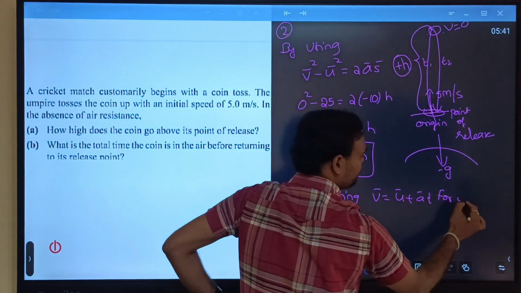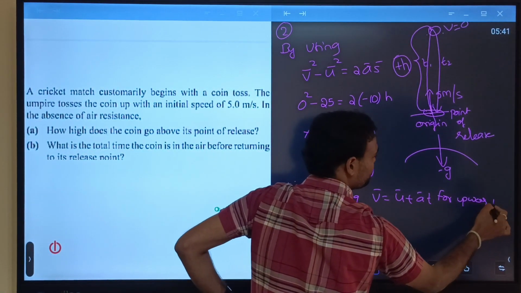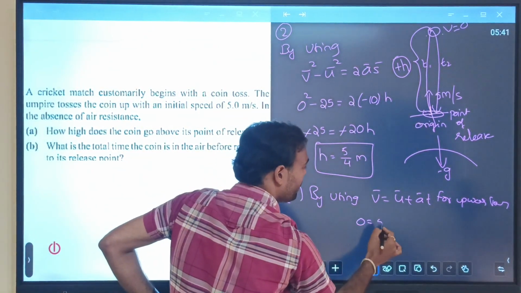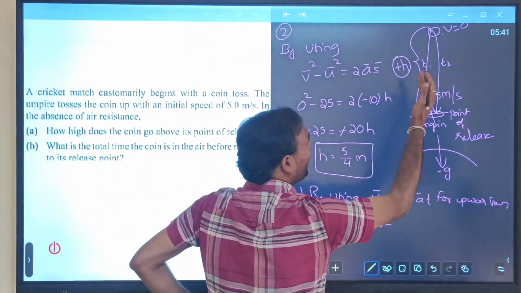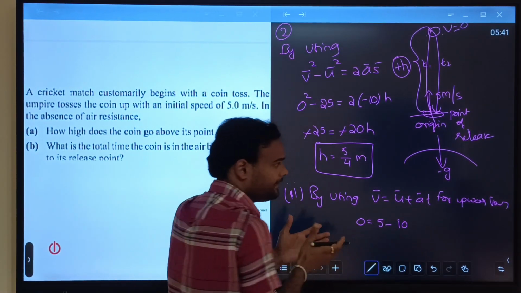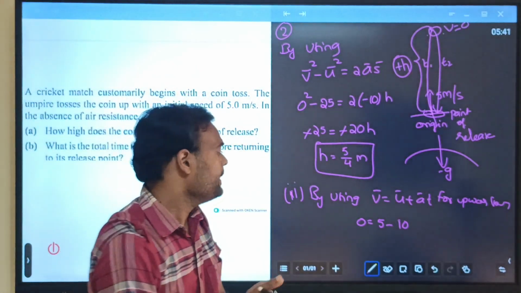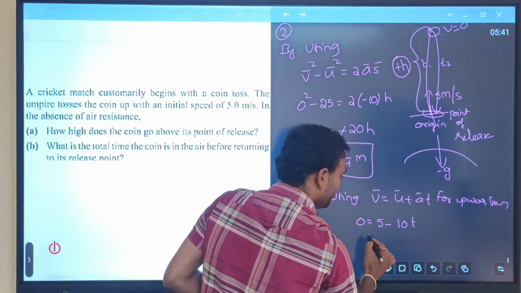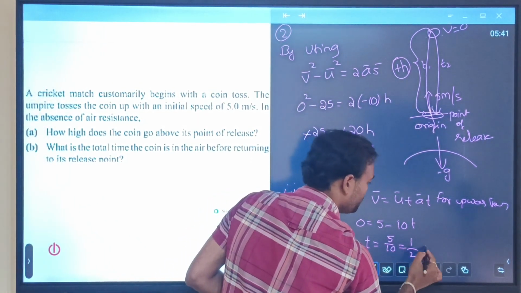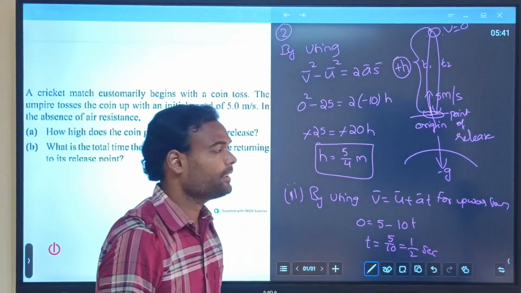Now for the upward journey, right? Then 0 equals 5 minus acceleration, where acceleration means acceleration due to gravity, minus 10 t, so t is equal to 5 by 10, that is 1 by 2 second.